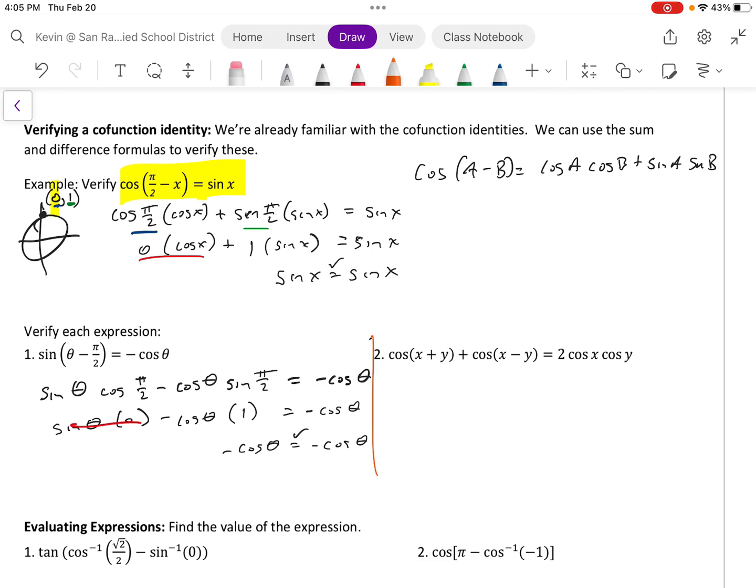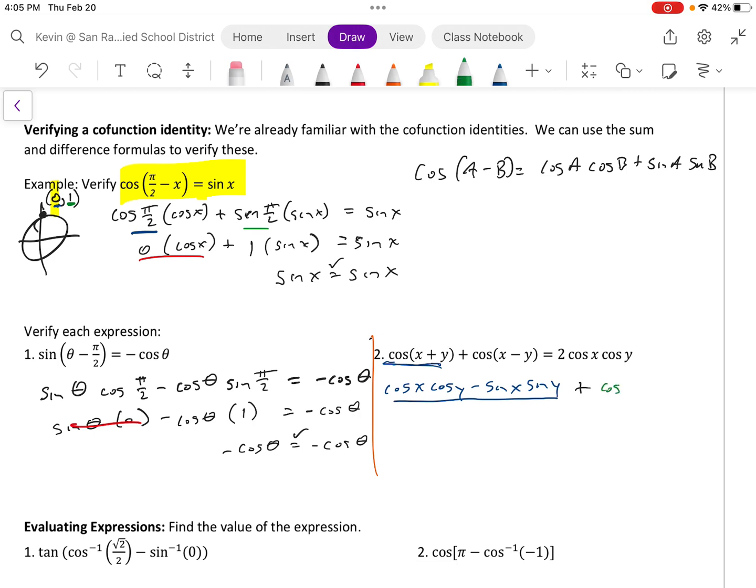Okay. Now we're going to come down here. I'm going to make a little line. Do this in blue. We're going to go cosine of x times cosine of y minus sine of x sine of y. That's this piece here. Okay.